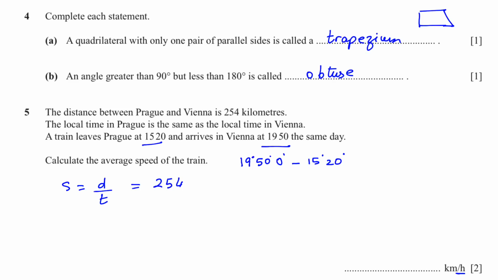You will get 4:30. That means 4 hours and 30 minutes, which will be 4.5 hours. Now we just have to put it in the calculator and get the answer. So 254 divided by 4.5 will give us 56.4 kilometer per hour.